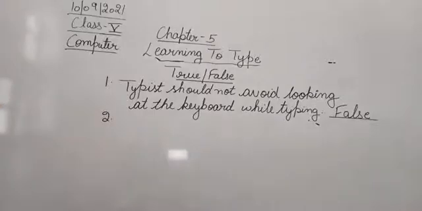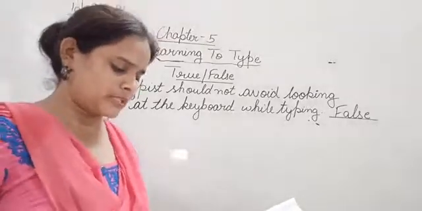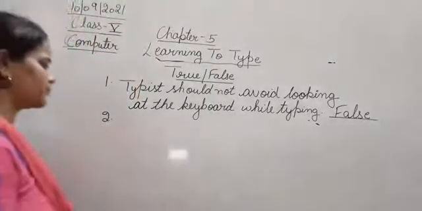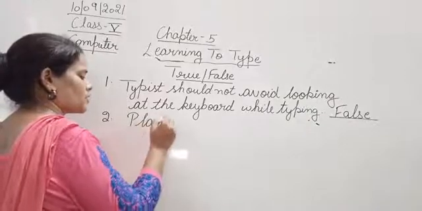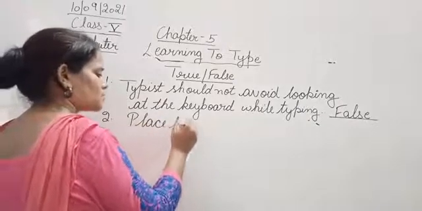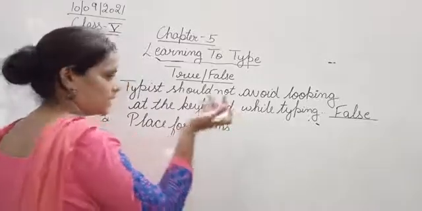The second is: place forearms slightly above the keyboard. Okay, forearms means आगे वाले हाथ.